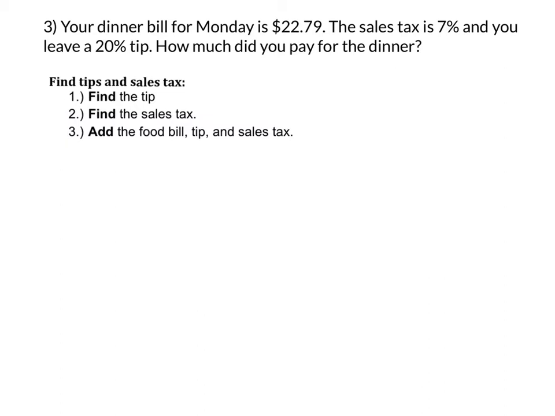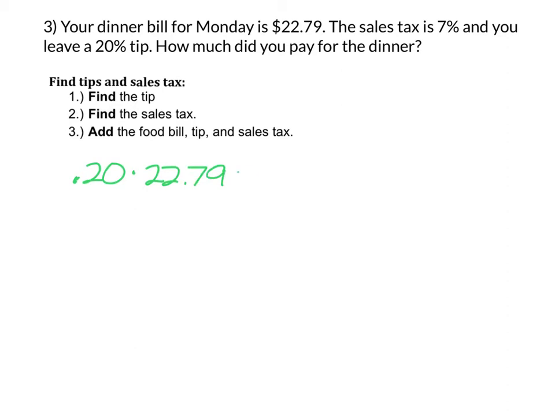So we start with $22.79, and the first thing we can do is find the tip. How much are we going to leave for the servers? So we typically leave 20% of $22.79. So 20% is 0.20, and we're going to multiply that by the bill, $22.79.